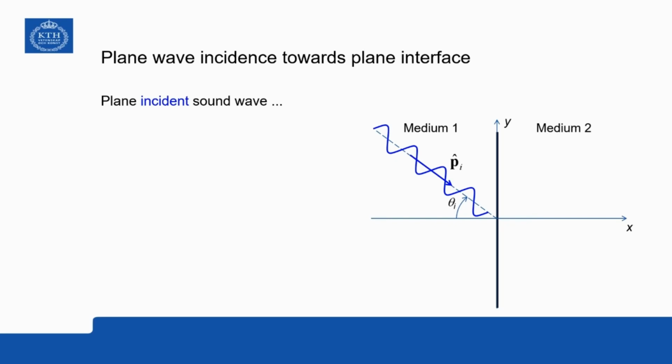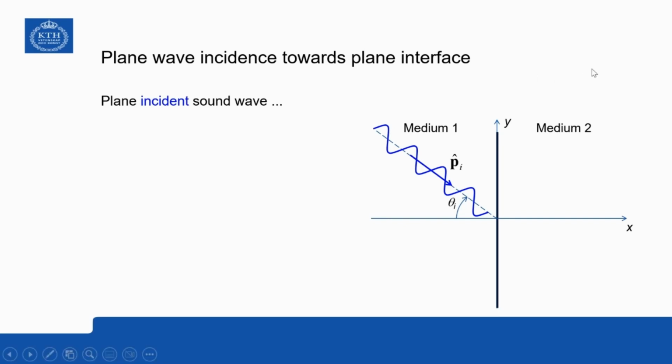So suppose now that we have two mediums here, medium 1 and medium 2, and that we have a plane, infinitely large plane interface between these two mediums. And also assume that the interface is located in the YZ plane.